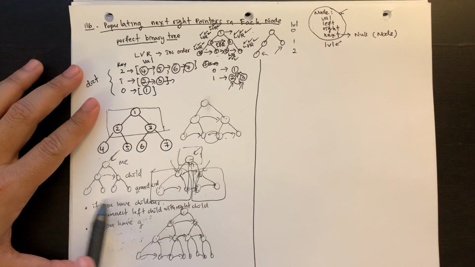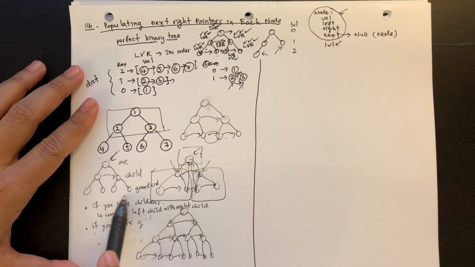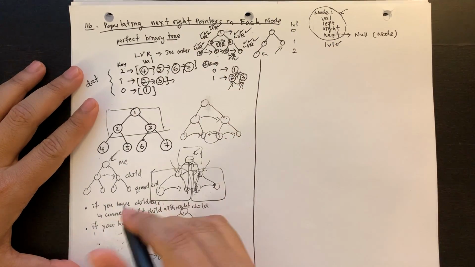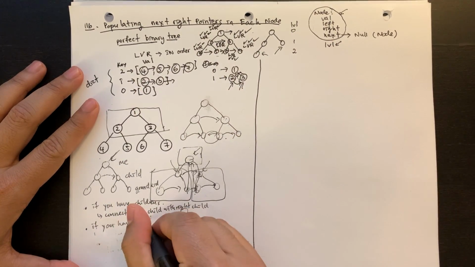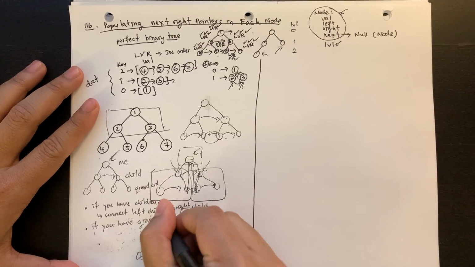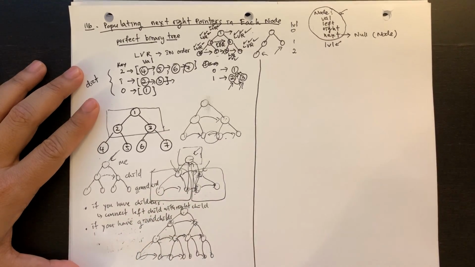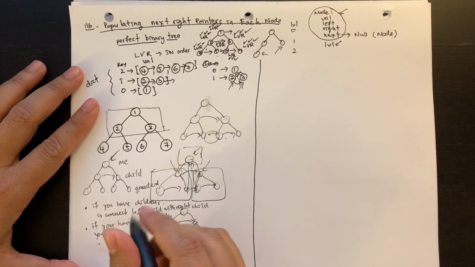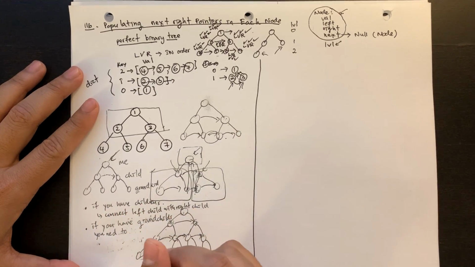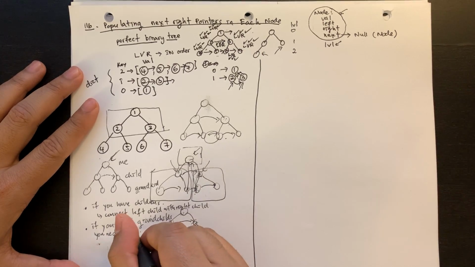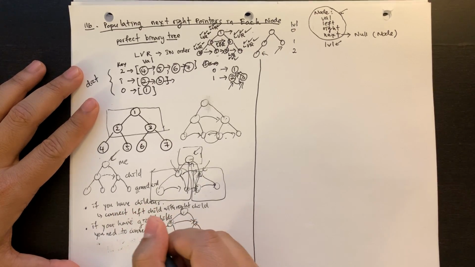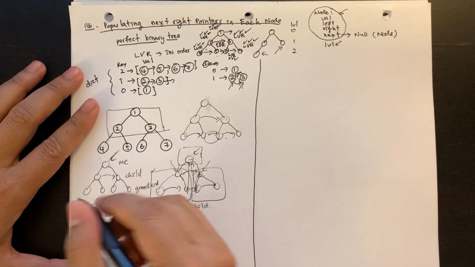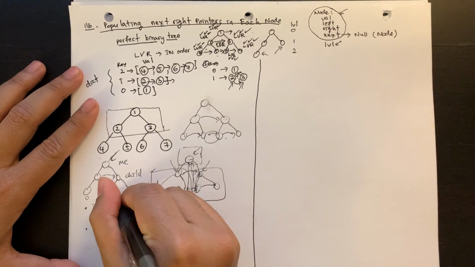Because every single spot, every single space needs to be filled in a perfect binary tree. So if you have grandchildren, you need to connect, let's say these are grandchildren 0, 1, 2, and 3.